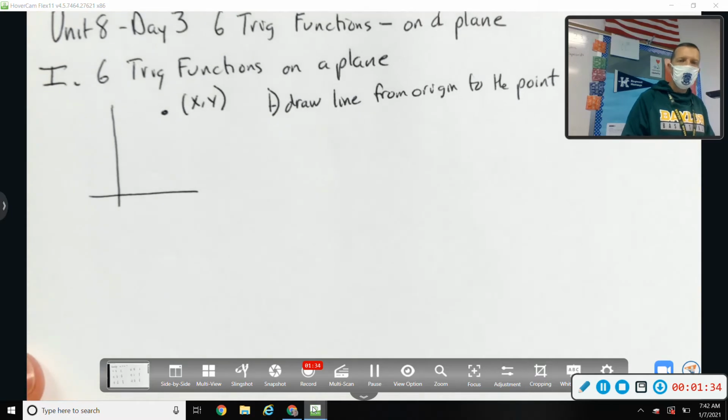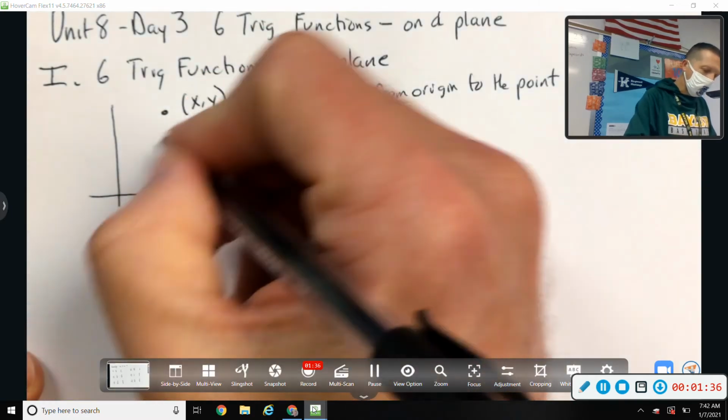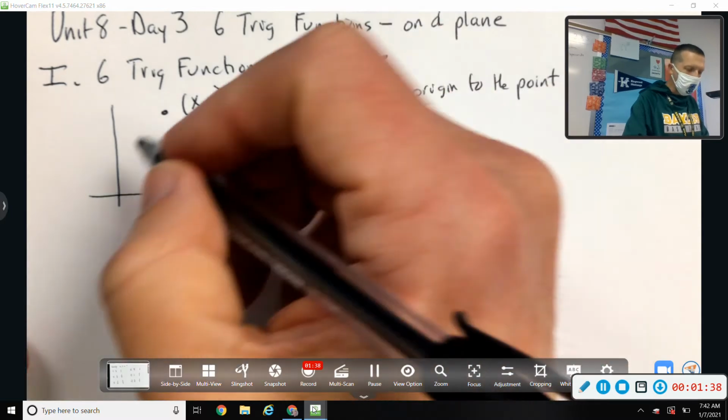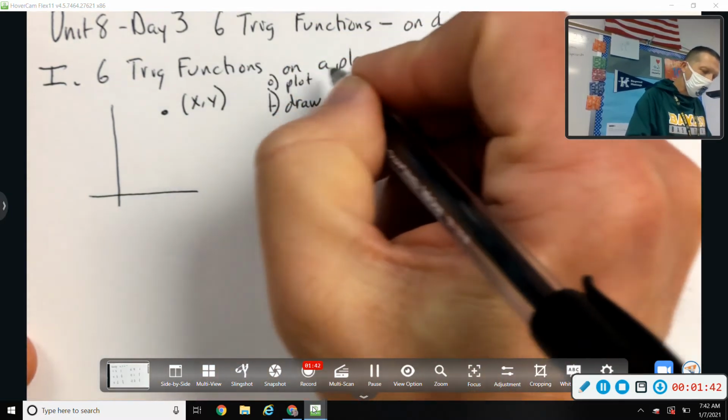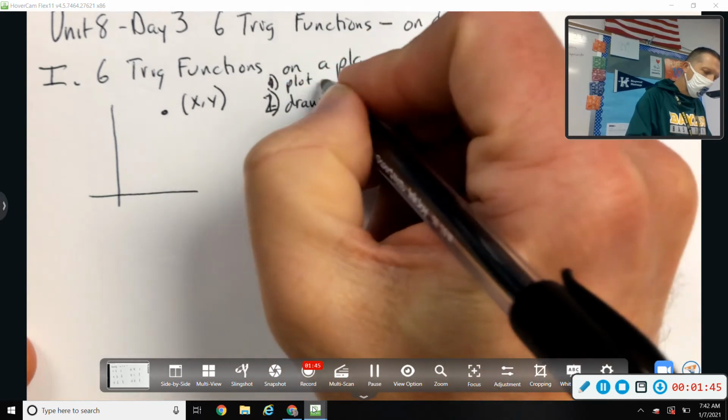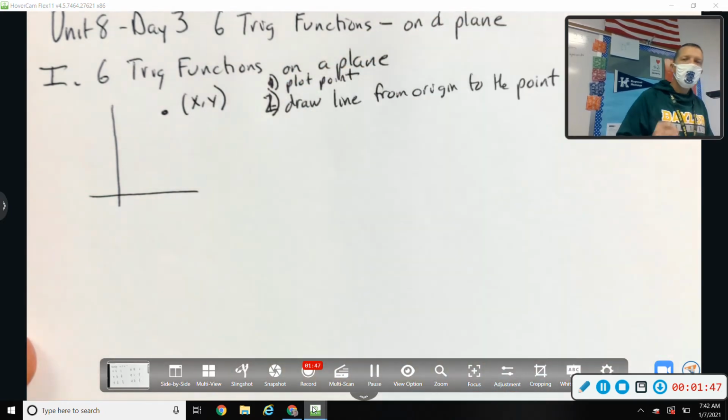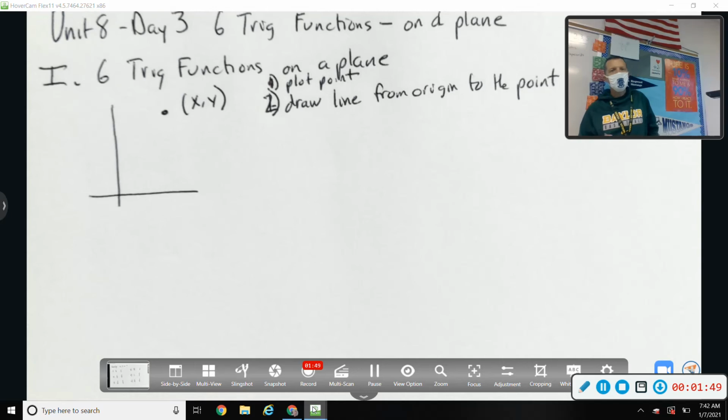This is making a triangle on the coordinate plane, just given a point. So plot the point. I guess that would be step number 1. Step number 0. Plot the point is step 1. Step 2 is draw a line from the origin to the point.